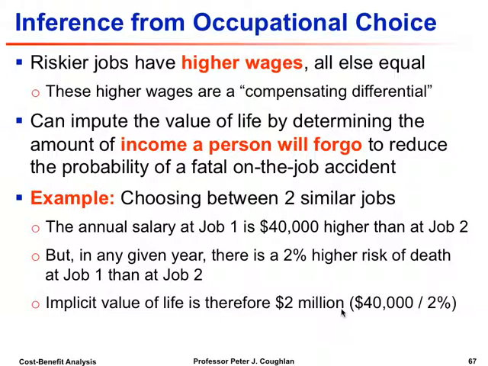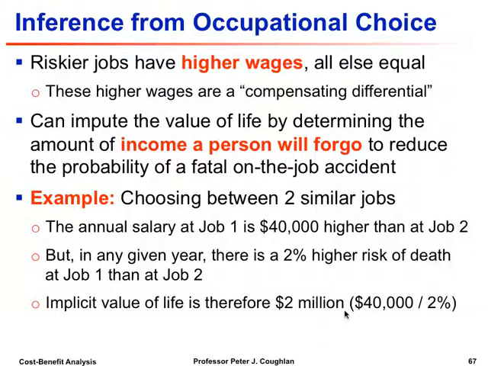The idea is, if you look at these two, if job one paid, say, $41,000 more, you would take it. If job one paid $39,000 more, you wouldn't. That suggests that $40,000 is the equivalent compensating differential, which makes you indifferent between the two jobs. In that case, the implicit value of life is therefore $2 million, right?